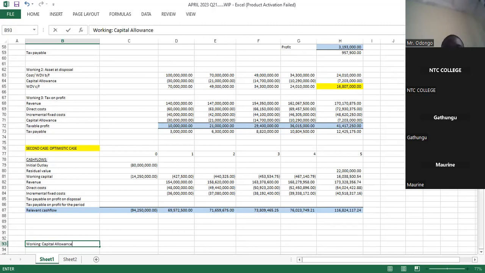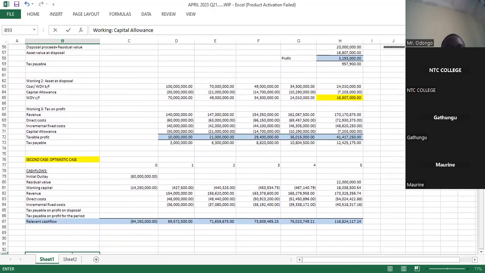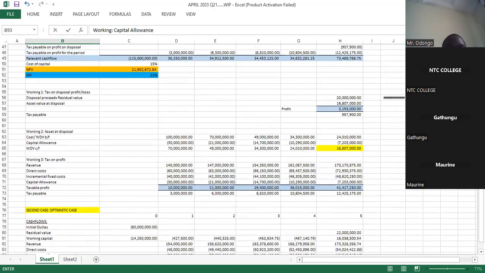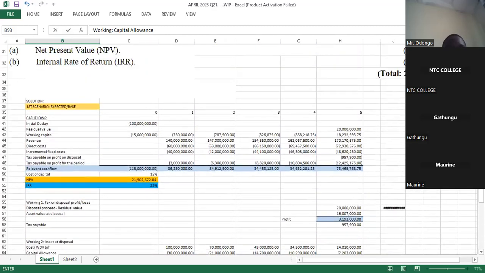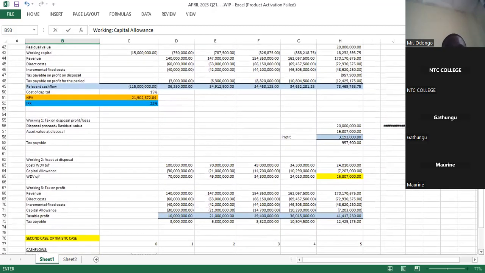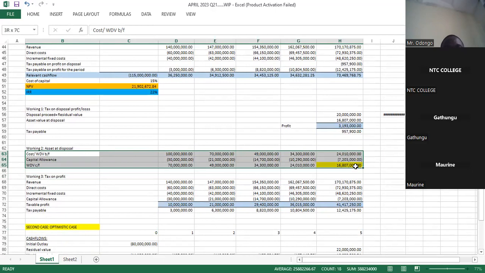Now the working for the capital allowance, remember, was this working. I'm looking for what we did under the expected case. So the working for capital allowance was this one here.